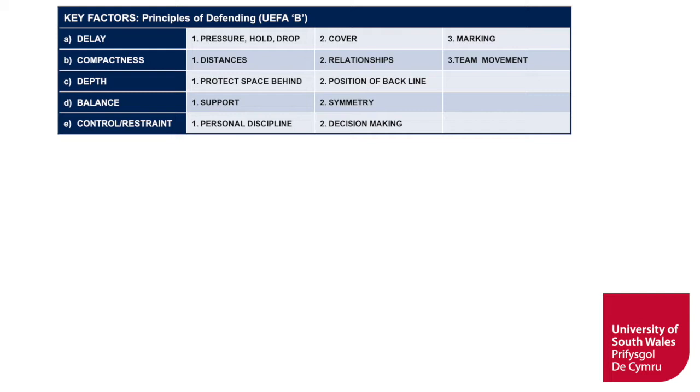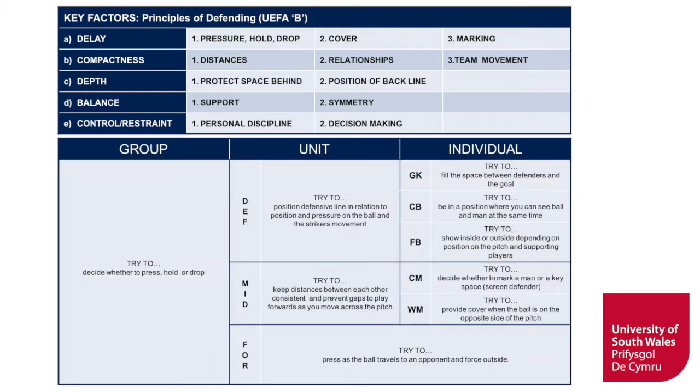So those are the learning objectives that we can select from, the key points that fit within our topic. And you can see now below that they have been divided into group, unit, and individual challenges.